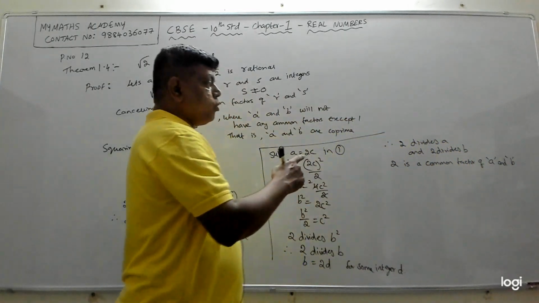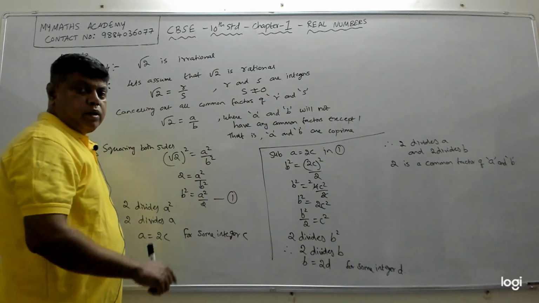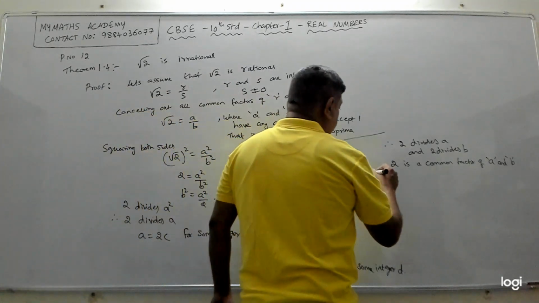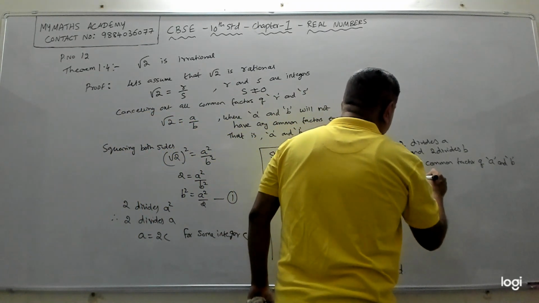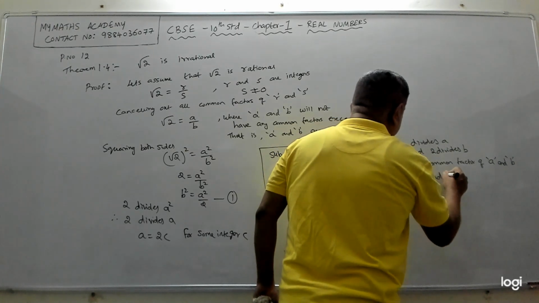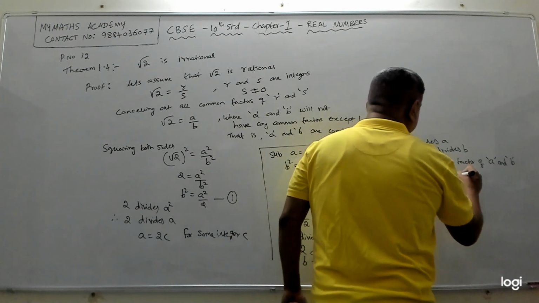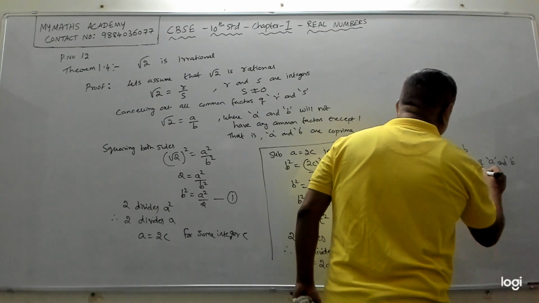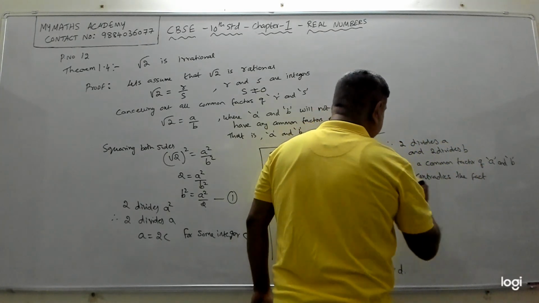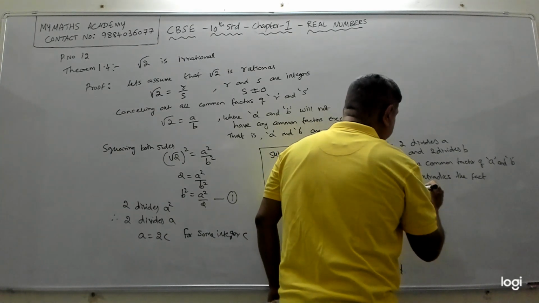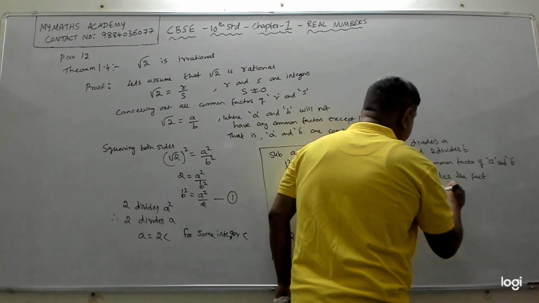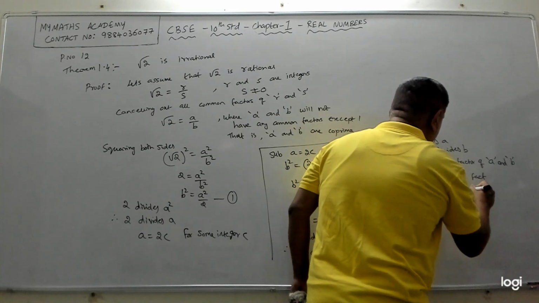But this is a contradiction. This contradicts the fact that a and b are co-prime.